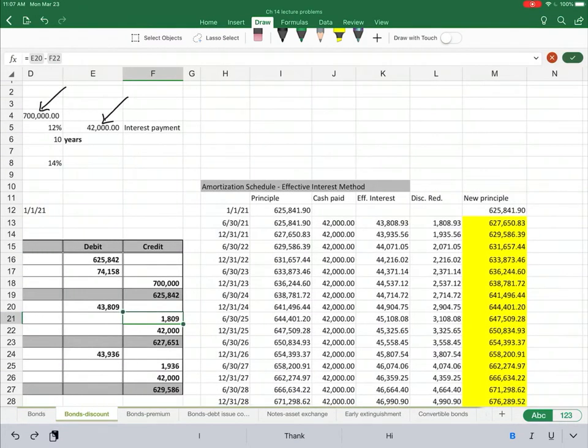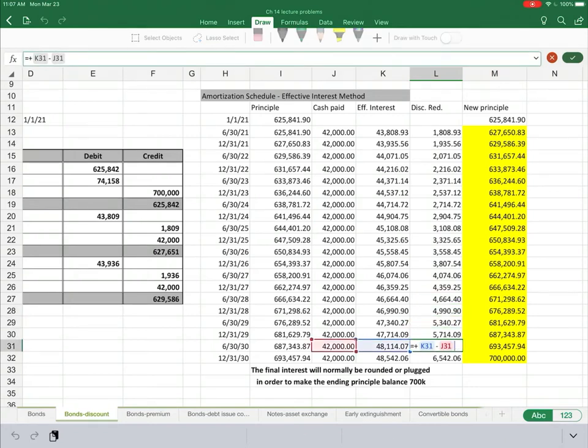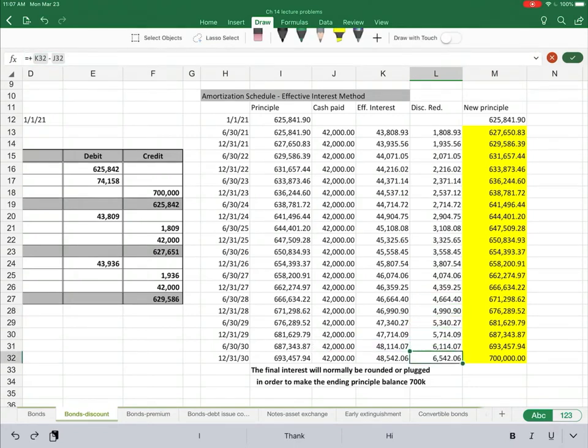As we adjusted that discount over time, look what happened to our bond payable balance. The principal balance started to climb higher and higher towards that face amount. So that over the 20 periods, as we eliminate portions of that discount, the bond value winds up being the total face amount, $700,000.